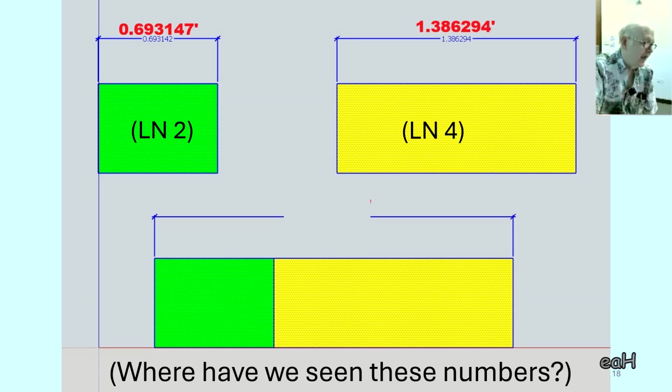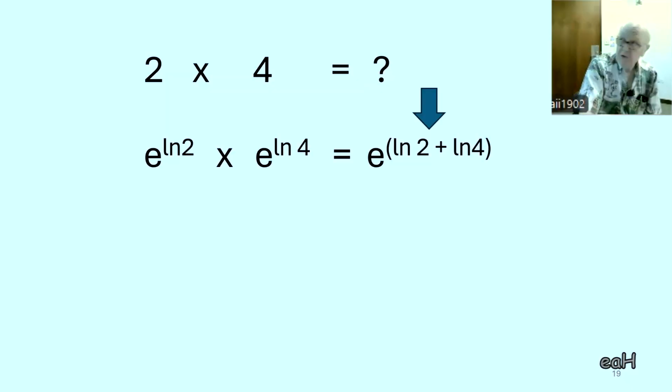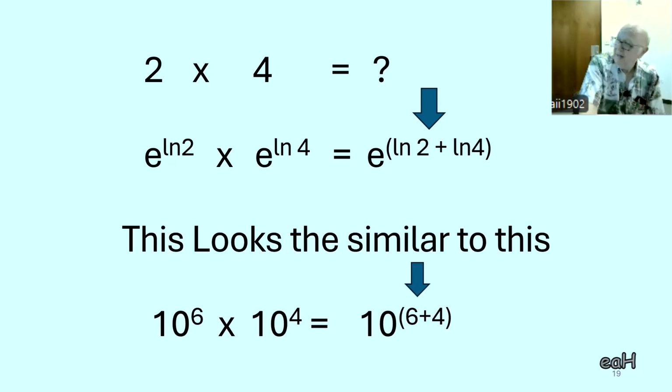So if we add those up, according to my theory, we should have the answer, which is 2 feet some odd inches. Let's write the equation out: e to the natural log of 2 times e to the natural log of 4 equals, and we're going to add them together. This, of course, looks like what we did before.